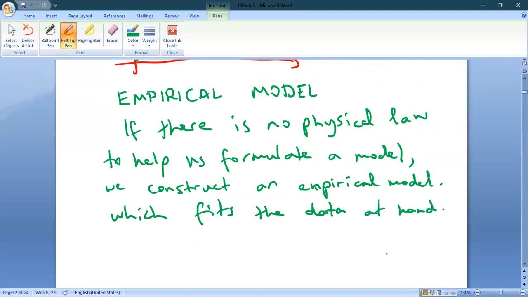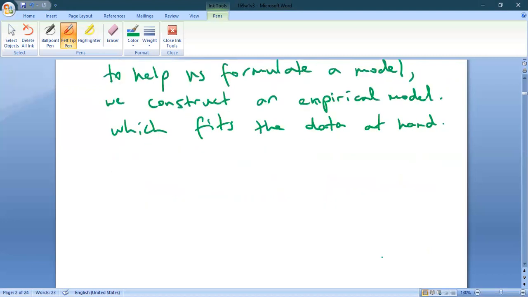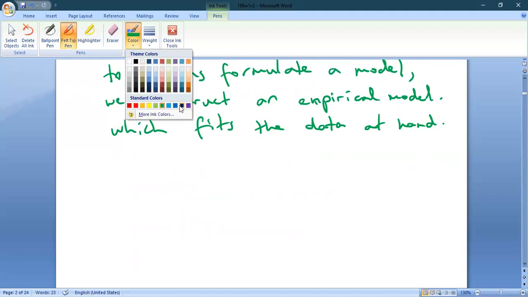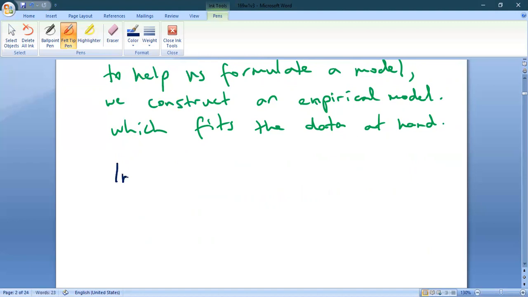Okay, so in these empirical models, most of the functions we will have to use are some kind of functions I'm going to talk about.